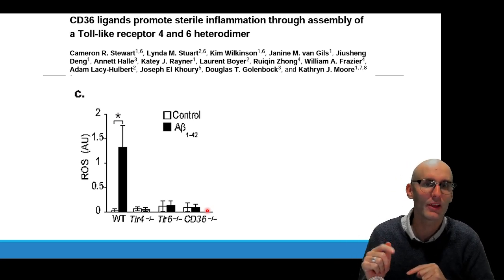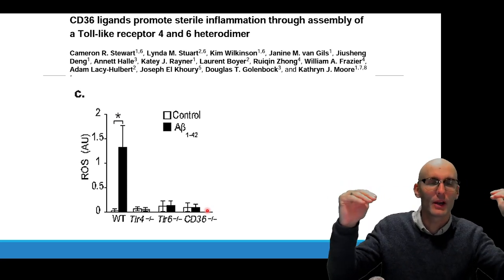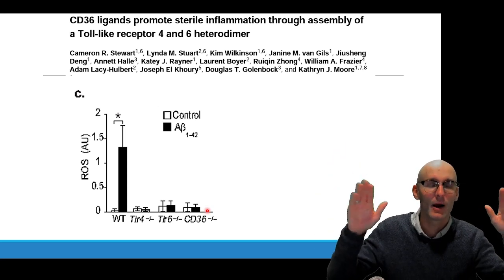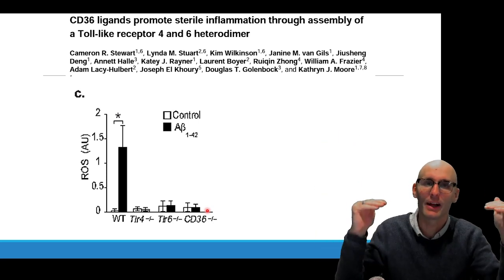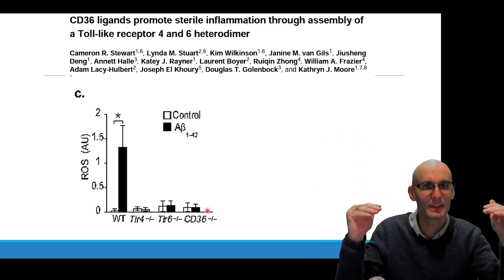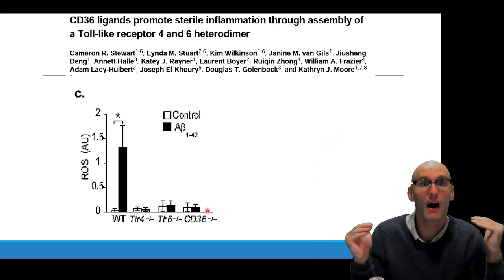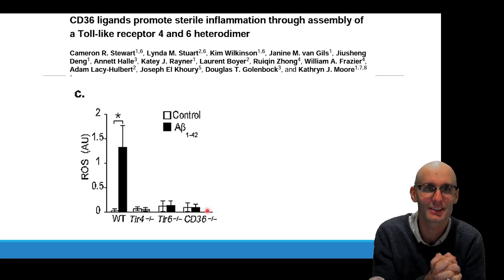If it was working through TLR4 and TLR6, you would expect deleting one or the other to maybe reduce the response by 50%. But deleting either of them reduced it by 100%, kind of showing that you need them both together, so forming a heterodimer.